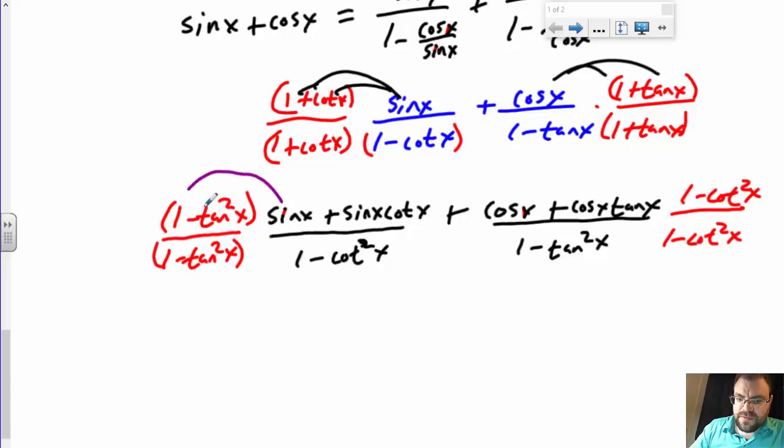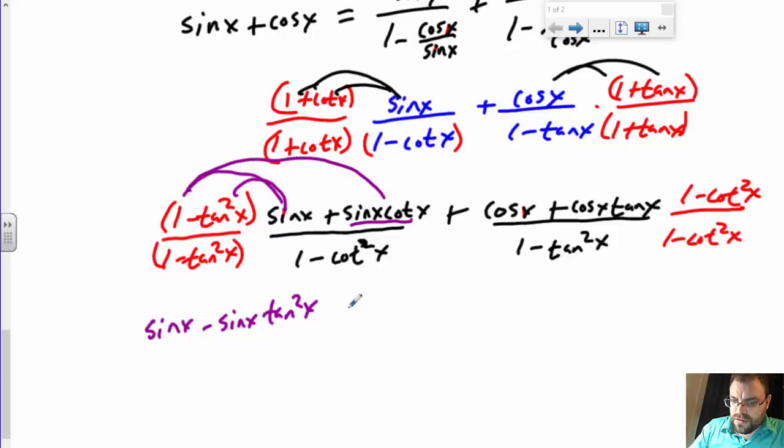We're going to say sine times 1, which is sine. Sine times this, which is negative sine tangent squared x. Then we got this part here. Okay, we're going to say all of this sine cotangent times 1. So this is going to be plus sine x cotangent x. And then we have sine and cotangent times negative tangent squared.